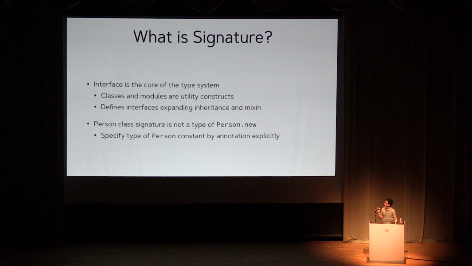In the previous example, I showed the Person class signature, but it is not directly connected to the type of something like Person.new. There is no relation between Ruby code and signatures in the Steep type system. So you always have to specify the type of the Person constant by annotating it explicitly.